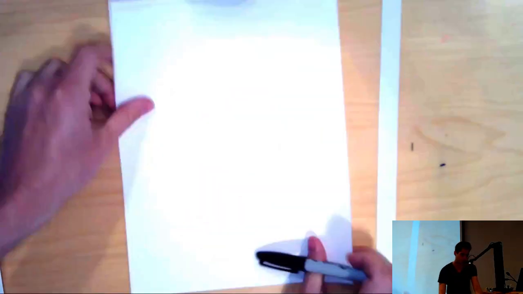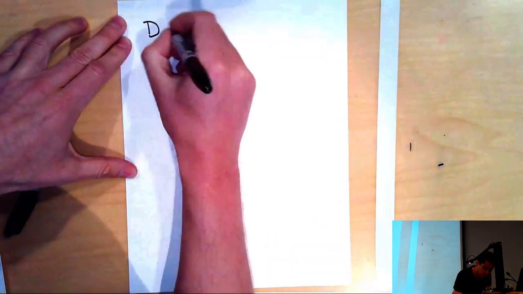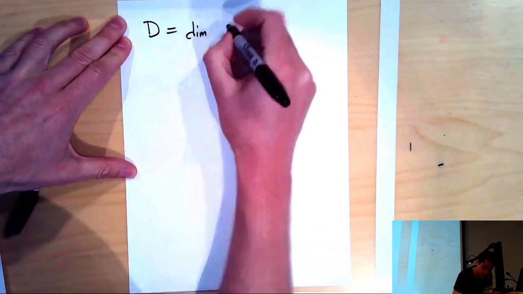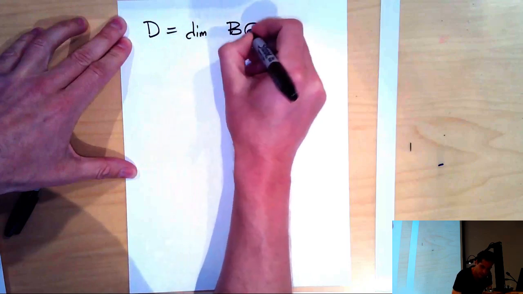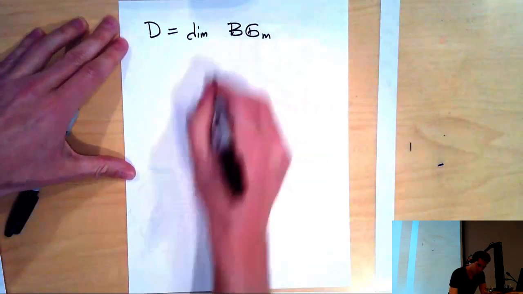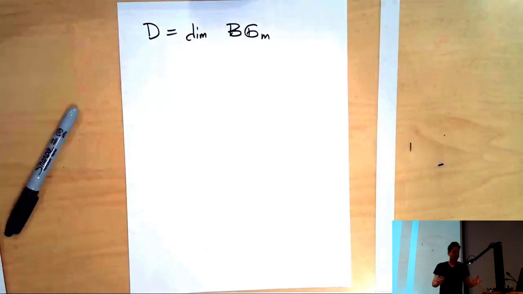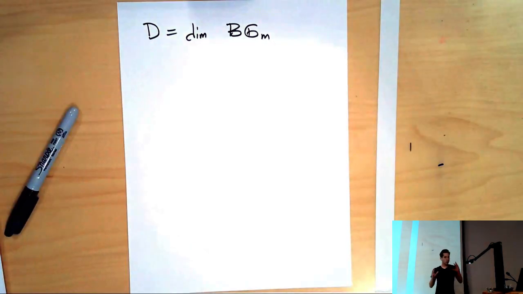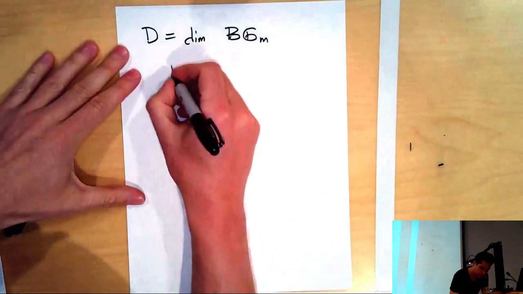On the other hand, what is the dimension of the moduli stack, BGm, in this case? So D, dimension of BGm. Well, you're supposed to think of BGm as what you get when you take the point, meaning spec FQ, and divide by the trivial action of Gm.